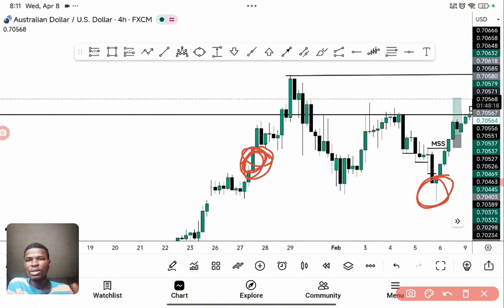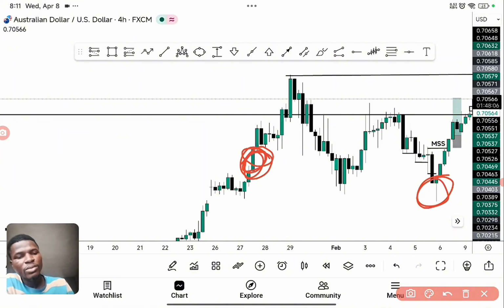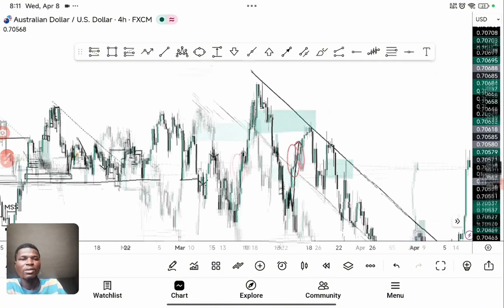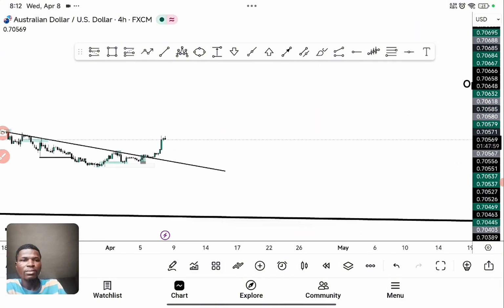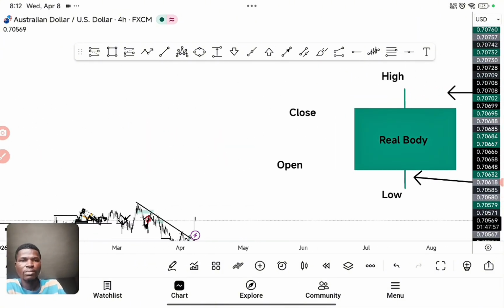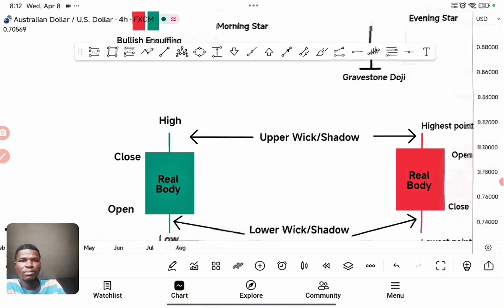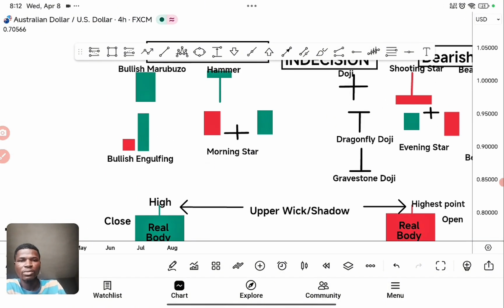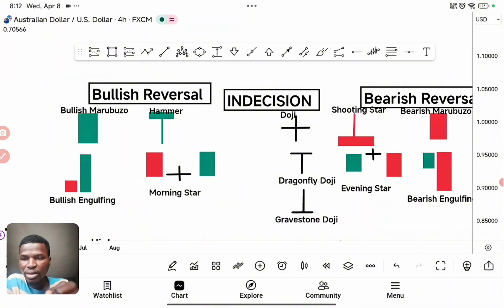Let's take it slow. Let's go back to our first page. We have different types of candles, so that's what I'm covering now. We have different kinds of candlesticks.